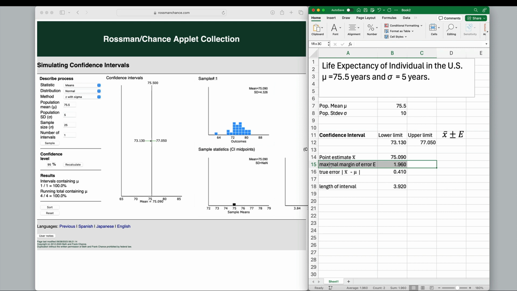Once again, maximum margin of error stayed the same. So what you see is that the true error is always going to be smaller than the maximum margin of error. Now, keep in mind, we never know the true error, and therefore, when we do these procedures, we only understand what the maximum margin of error is, and we just know that our maximum margin of error bounds the true error. Okay, so it gives us a sense of how good our estimate is.